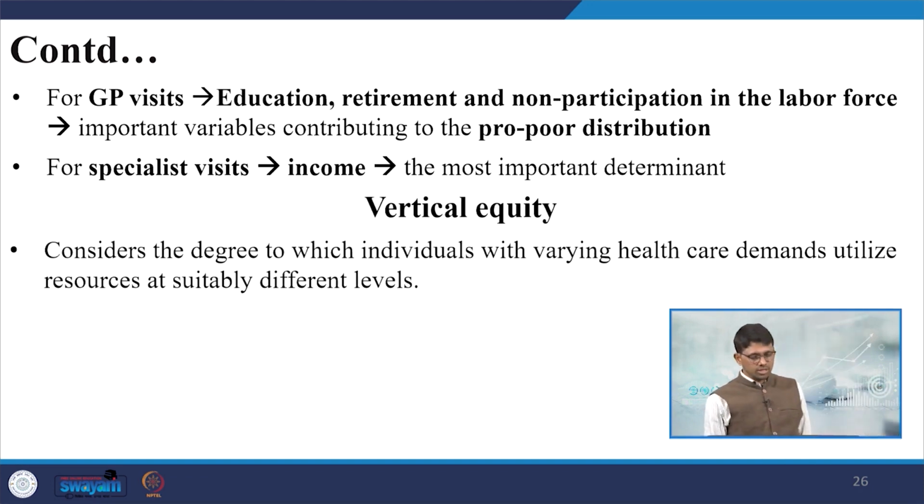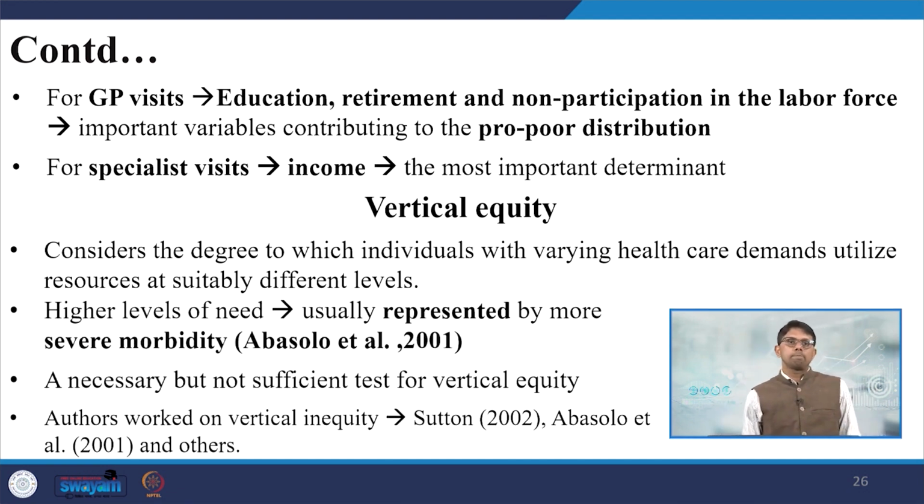Okay, we have also discussed this in the context of vertical equity. This considers the degree to which individuals with varying healthcare demands utilize resources at suitably different levels.